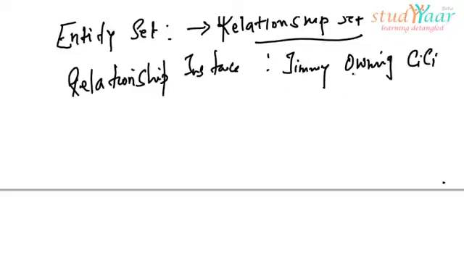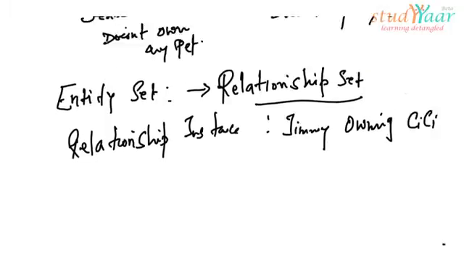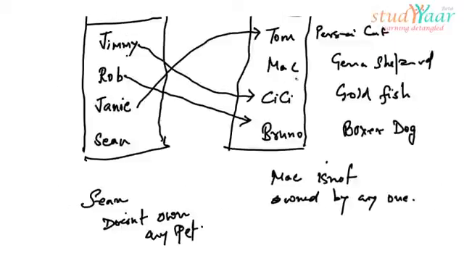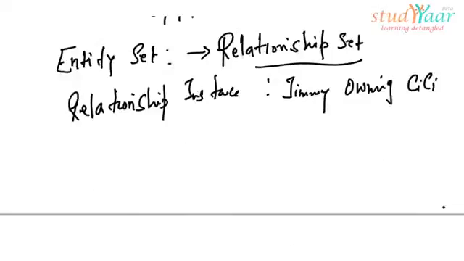That's an instance of the relationship set which says a person owns a pet. When an entity participates in a relationship, it basically means that it is a part of some relationship instance, okay?